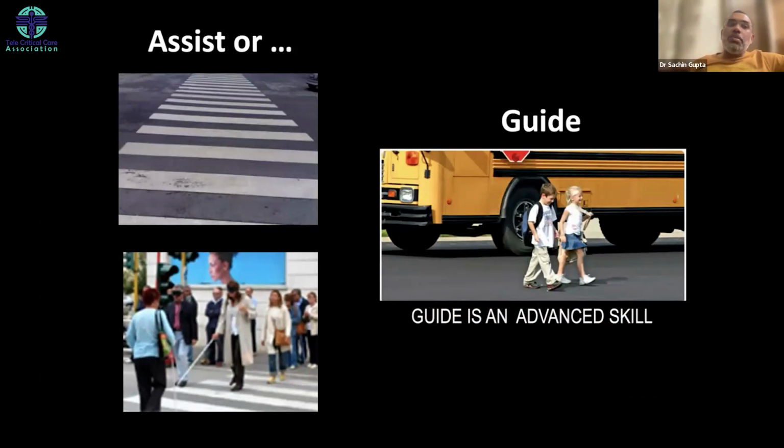Assistance means you have seen the venous positioning, so you know where your vein is located, but then you are not doing the procedure under ultrasound guidance, so it is equal to a blind procedure. This is what we call assistance. Guidance means from needle insertion till the completion, ultrasound is placed on the neck of the patient or on the femoral, whichever venous axis you are targeting, and you see almost the whole procedure completely.